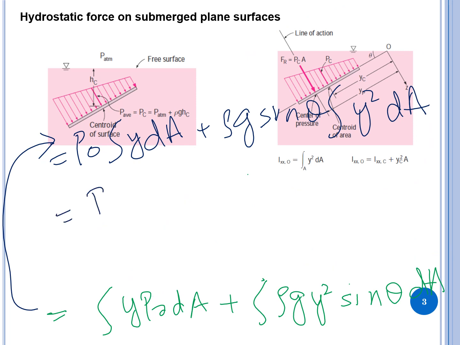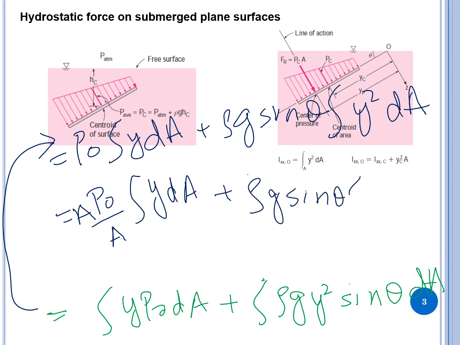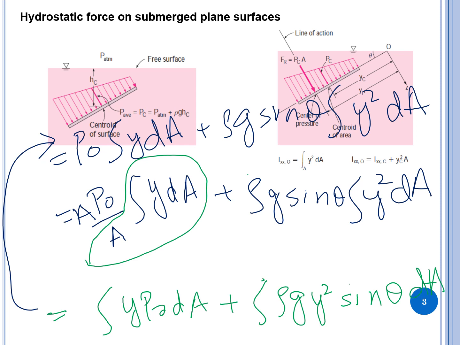Now dividing this by A and multiplying it with A won't make any difference. Rho g sine theta y squared dA. Now 1 over A integral y dA will give us the centroid location.